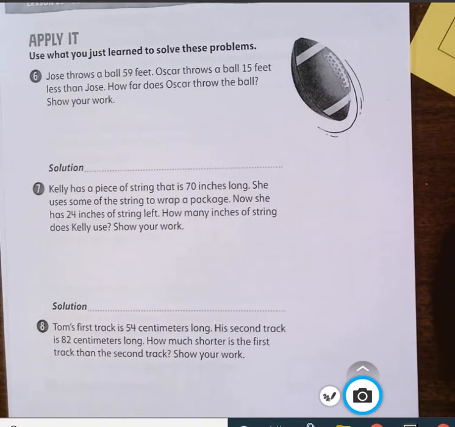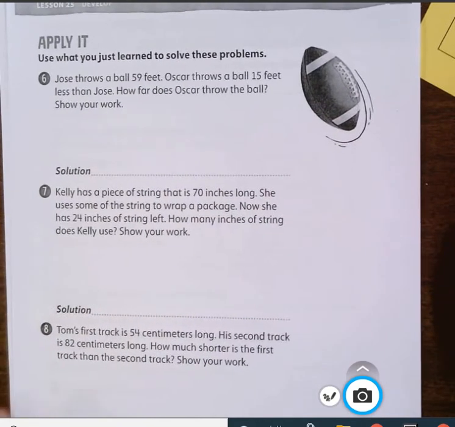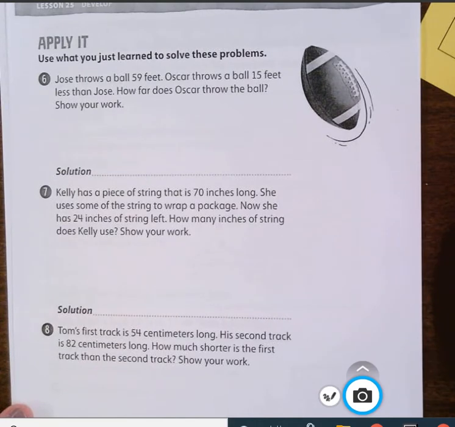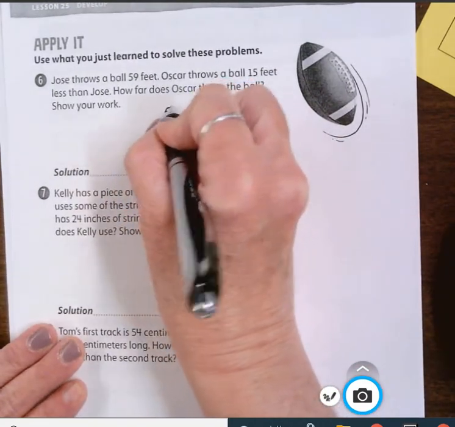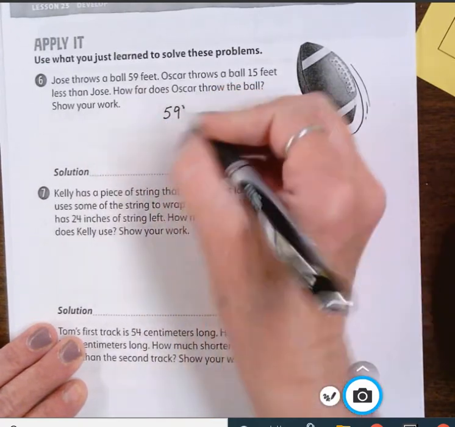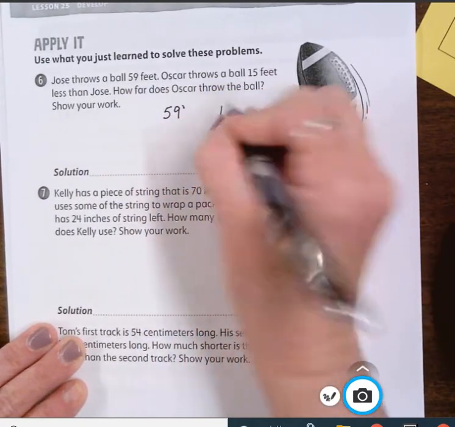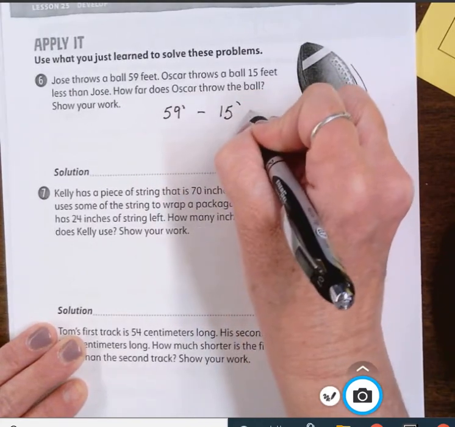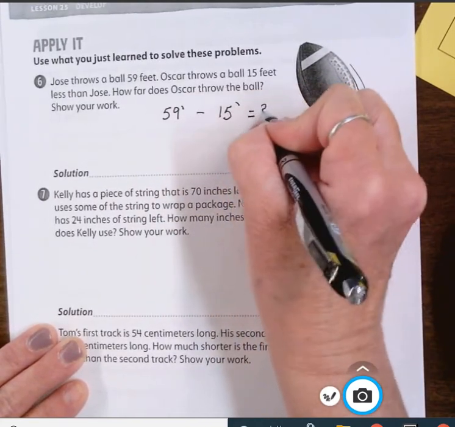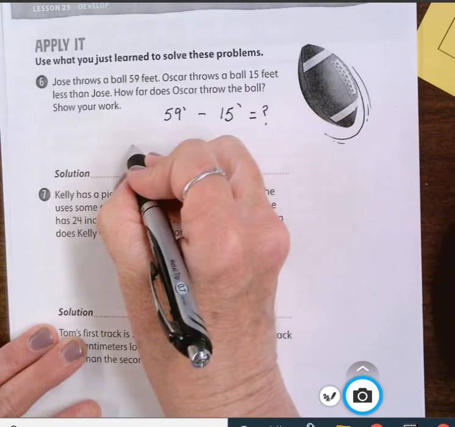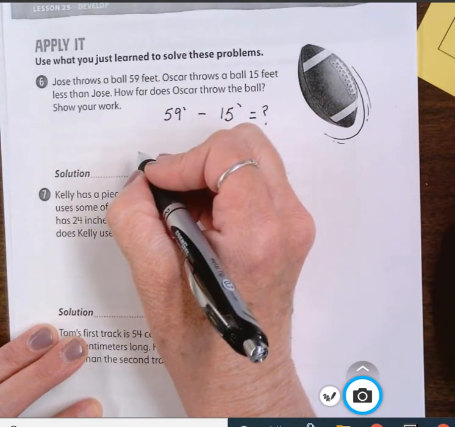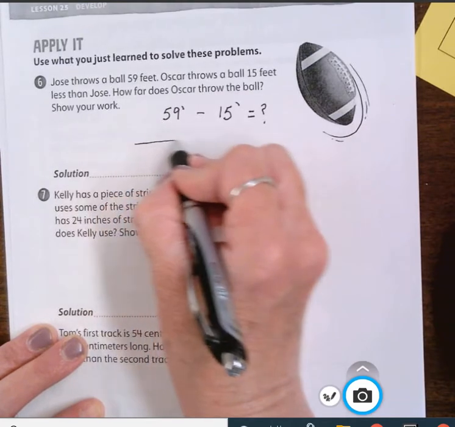Jose throws a ball 59 feet. Oscar throws a ball 15 feet less than Jose. How far does Oscar throw the ball? Show your work. So Jose throws the ball 59 feet. Oscar throws the ball 15 feet less, so we're going to subtract.